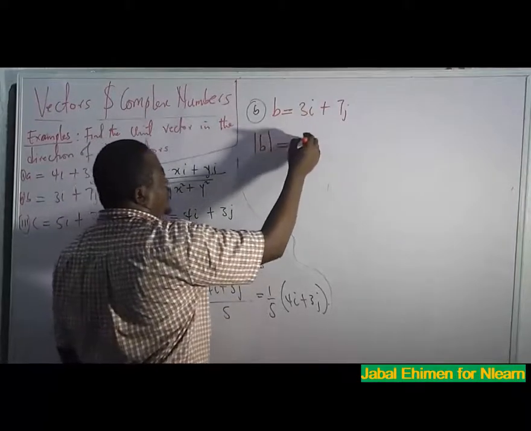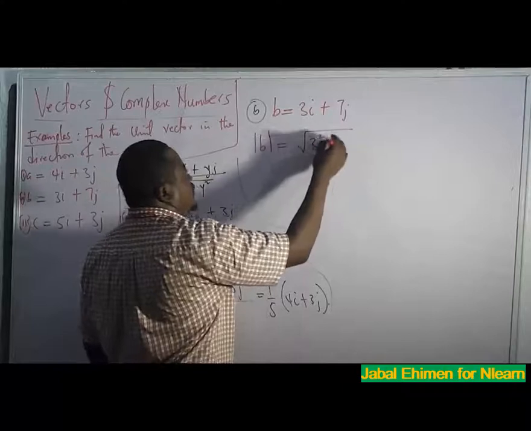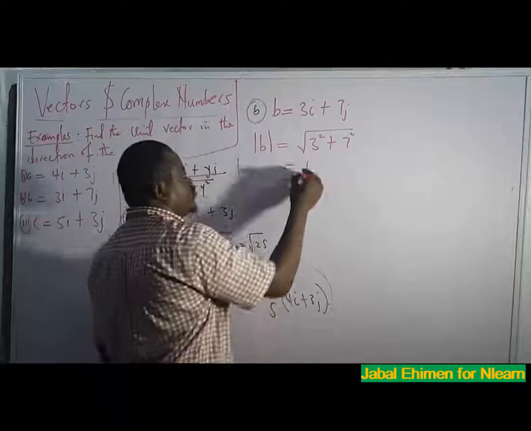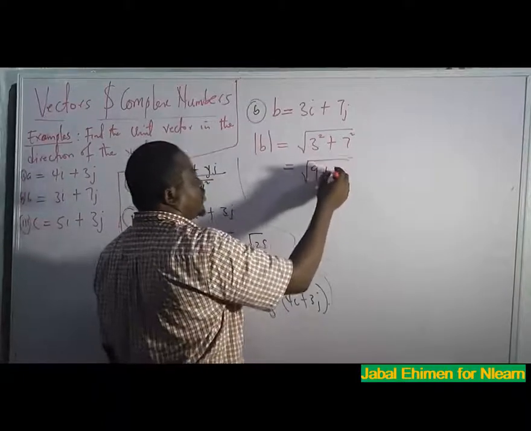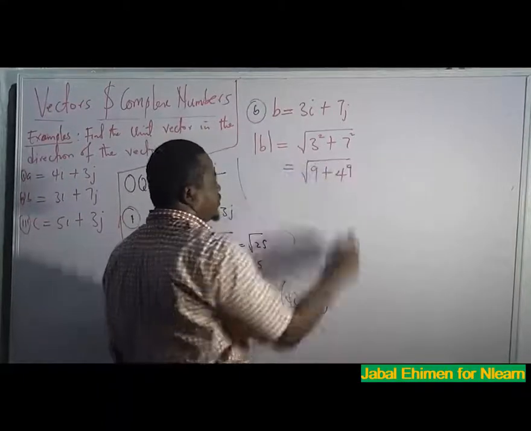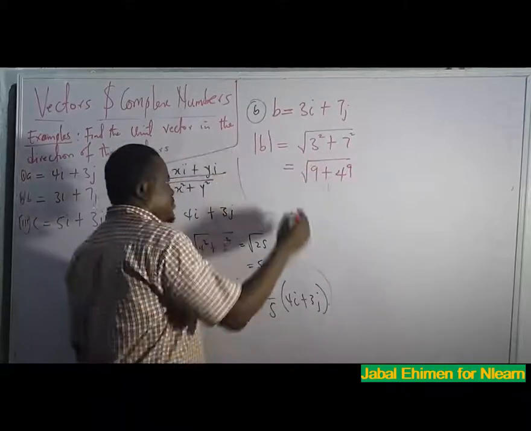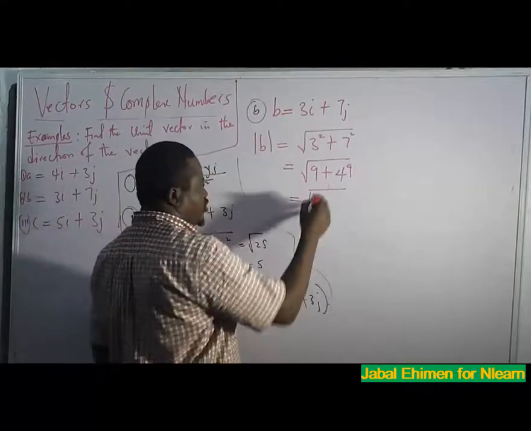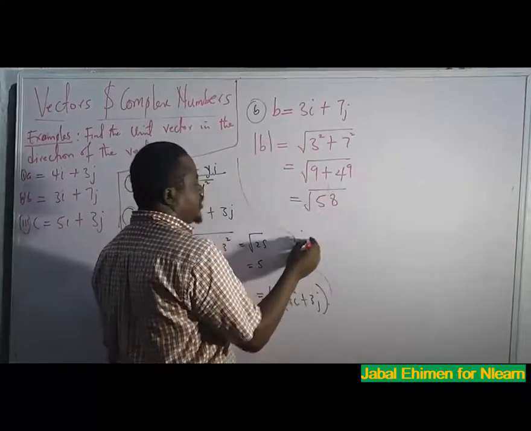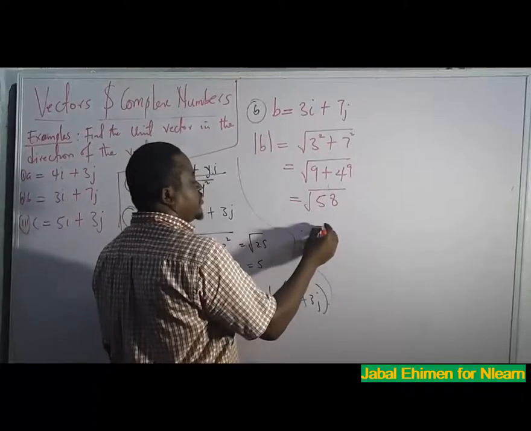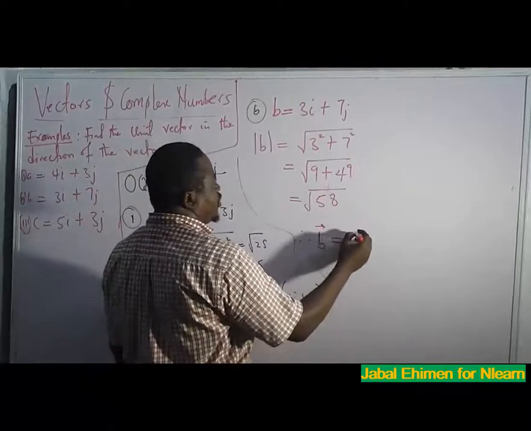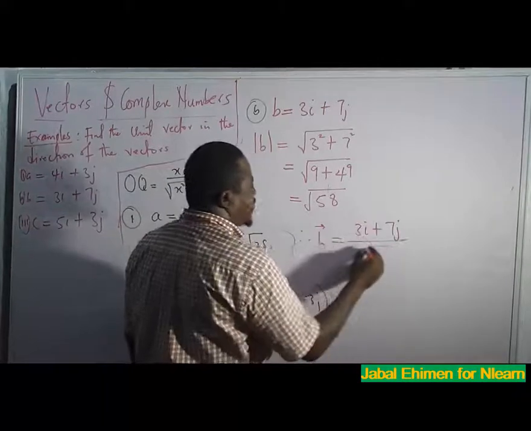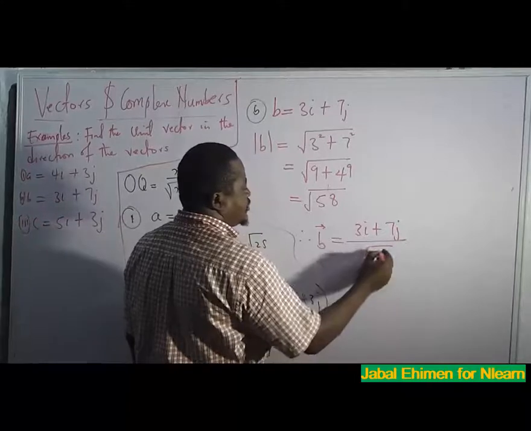The modulus of B is the square root of 3 squared plus 7 squared, and I believe that will give us the square root of 9 plus 49, which surely will be 58. So therefore, B direction will become 3i plus 7j divided by root of 58.